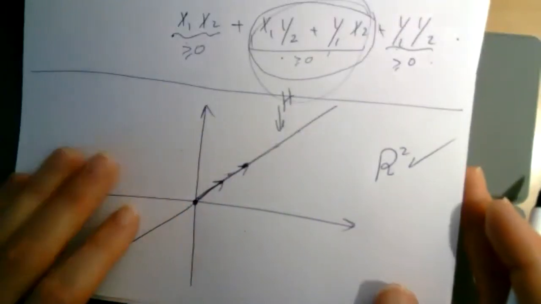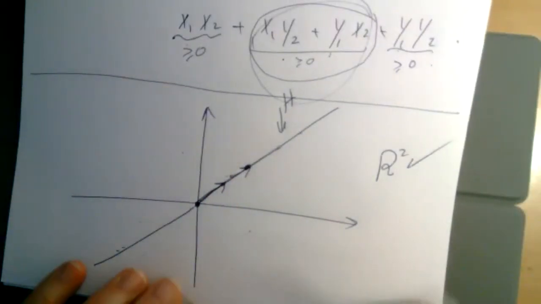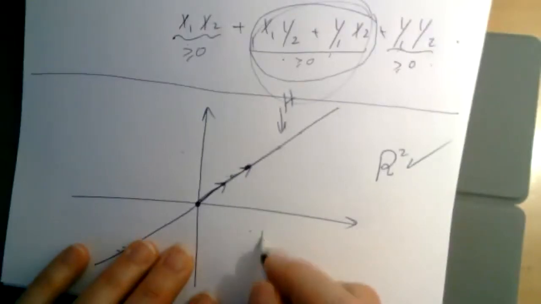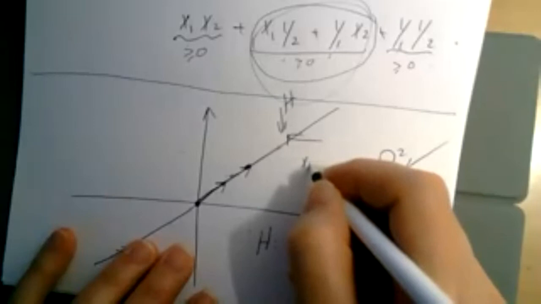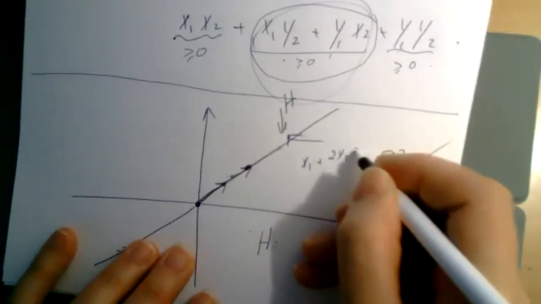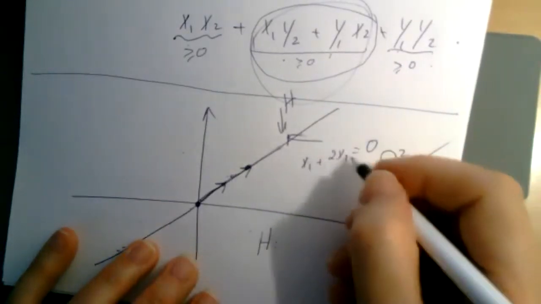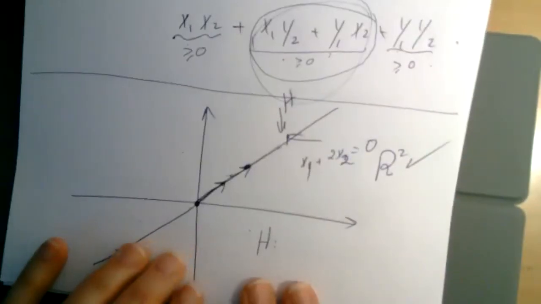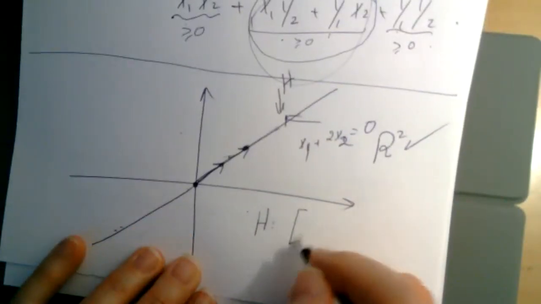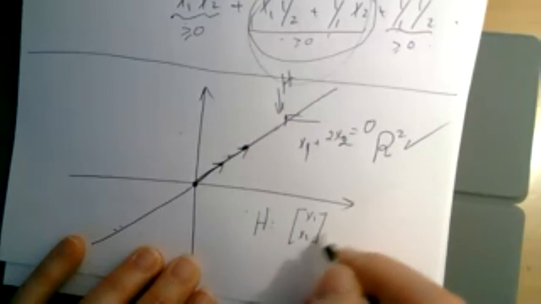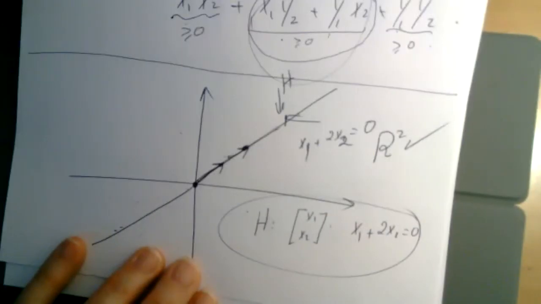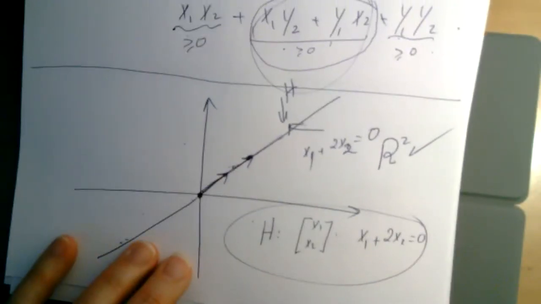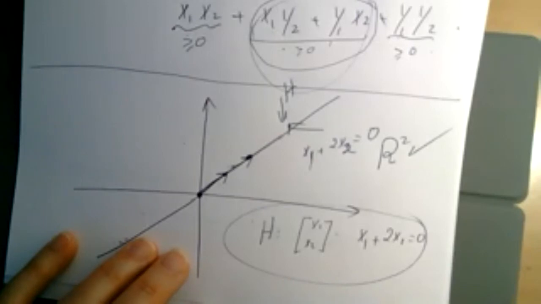So I took H to be a line through the origin. Suppose the equation of this line is x1 plus 2x2 equals 0. So I took H to be all the vectors (x1, x2) that satisfy this condition. That's my H, and I asked you to do the following: show that this is a subspace.